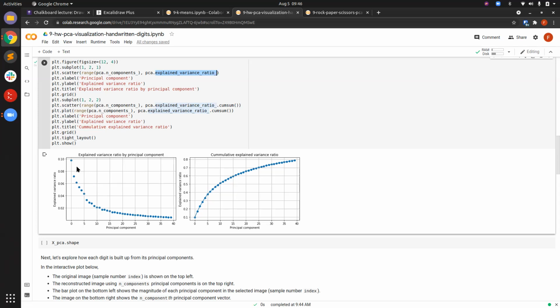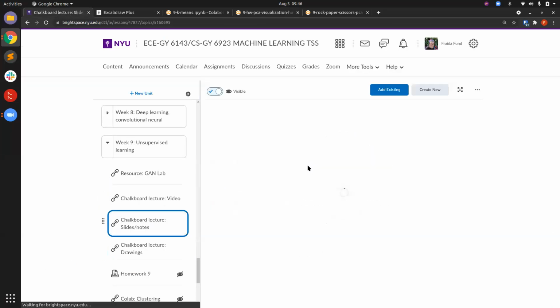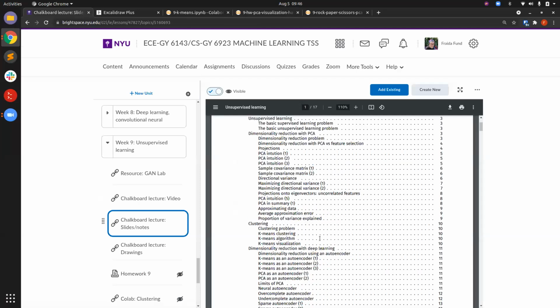Meanwhile, if we sum these numbers, we can see, for example, principal component 1 plus principal component 2 together represent 18% of the variance, and so on. And that goes back to what we said about reconstructing images from PCA.